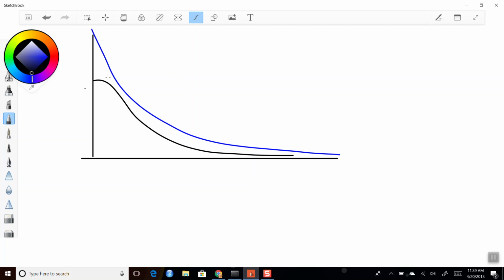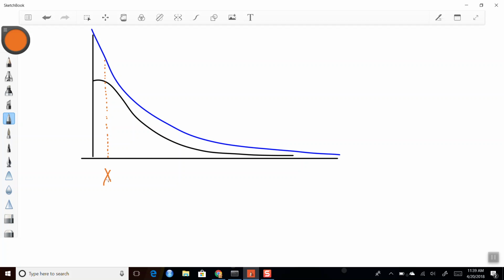This is not a good picture, but basically, let's say we're at this point right here. This is some proposed value.